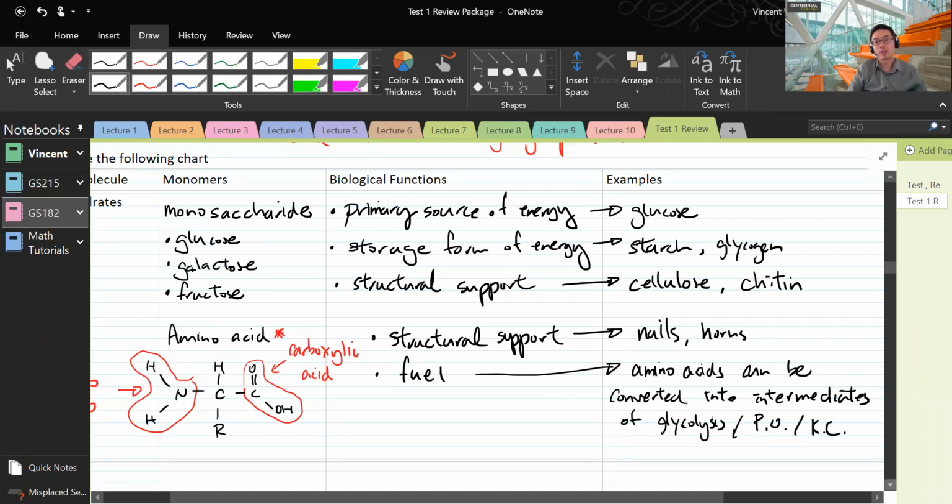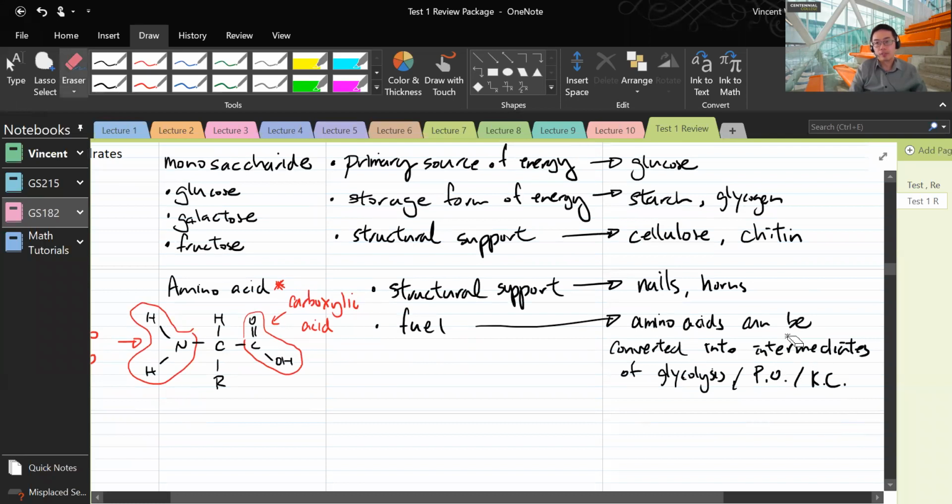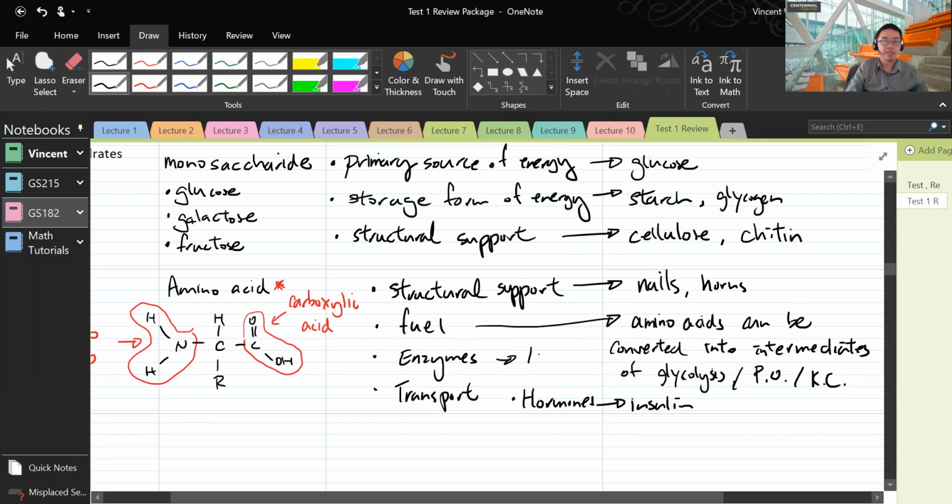Depending on which amino acid you're talking about, you can convert them into the different intermediates, and then you feed them into those places. Yeah, a lot of other examples I can see. There are enzymes, very good. Transport, for membrane, yes. Hormones, right? An example of a hormone would be insulin. An example of an enzyme would be like lactase, for example. We talked about that. All right, very good.